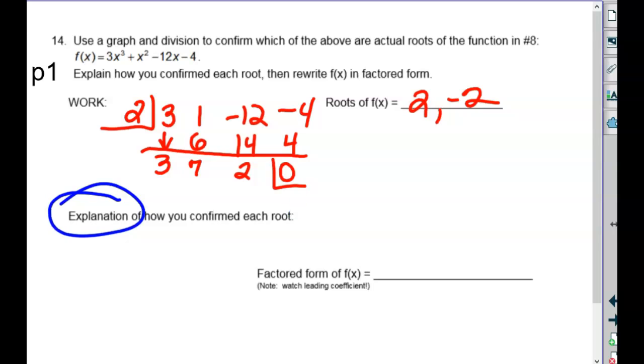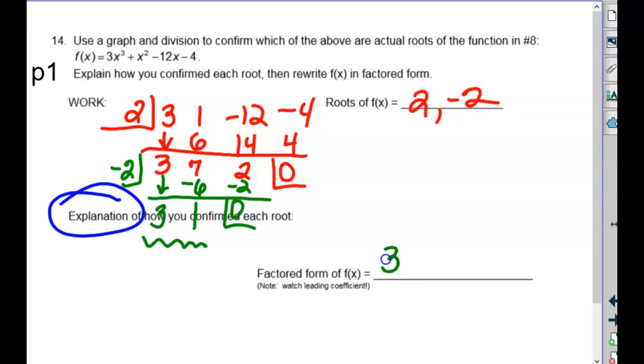All right. Now we're going to do -2. Without going back to the original, we're going to keep going. So I'm going to bring down the 3. Multiply is -6, add is 1, multiply is -2, add is 0. Okay, so what are the 3 factors? What is this factor that's left here? 3x plus 1.